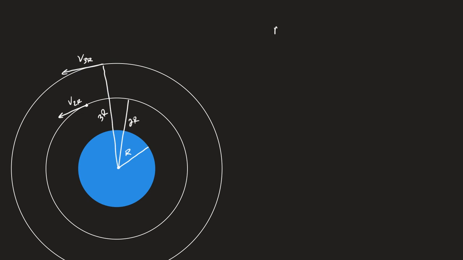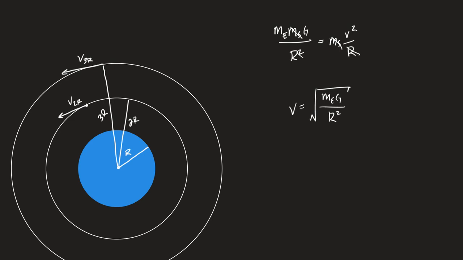So we've done this one already, but I'm willing to just speed through it again. This is how we get the velocity as a function of the radius. Now this is just the relationship.